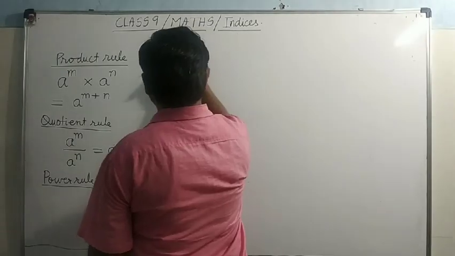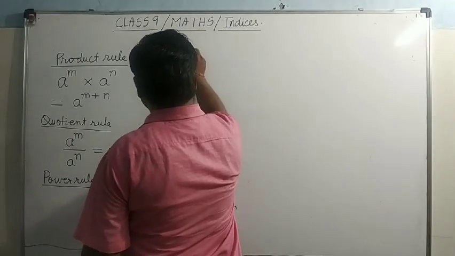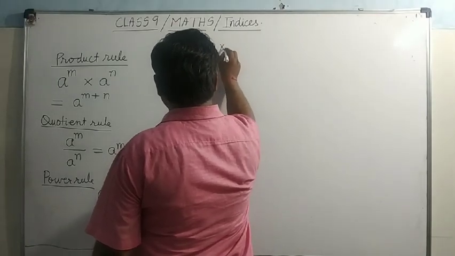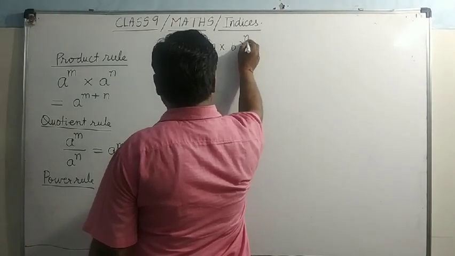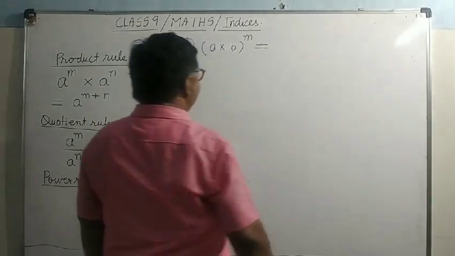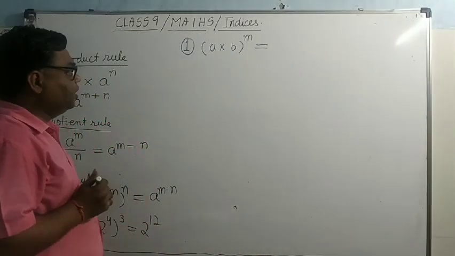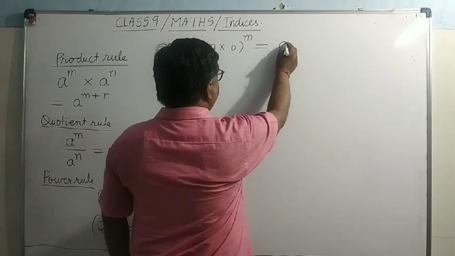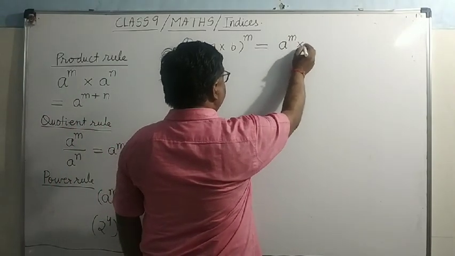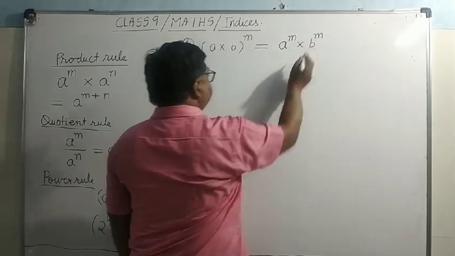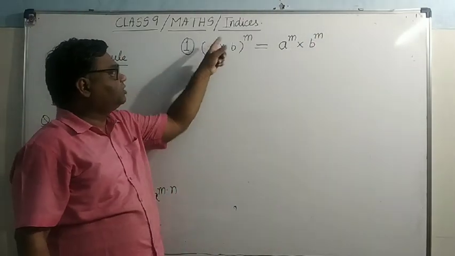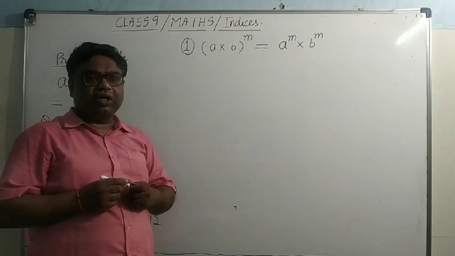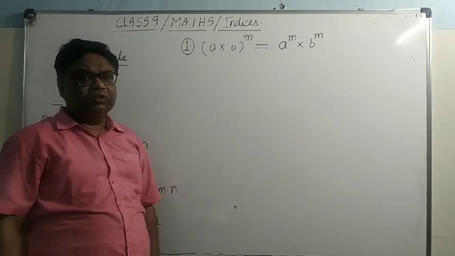Suppose there is a into b whole to the power m. You can note here, a into b inside the bracket whole to the power m, what will you write? A to the power m into b to the power m. Means on opening the bracket, the same power will be raised over all the numbers which are in the multiplication.